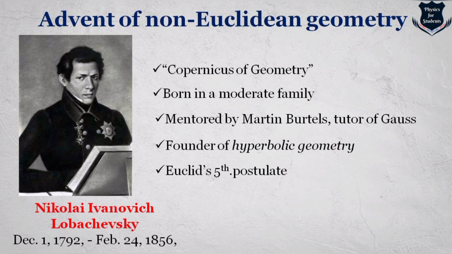His geometry was based on the assumption that in the plane formed by a line and a point not on the line, it is possible to draw infinitely many lines through the point that are parallel to the line. It was later proved that his geometry was self-consistent, and this triggered off differential geometry.